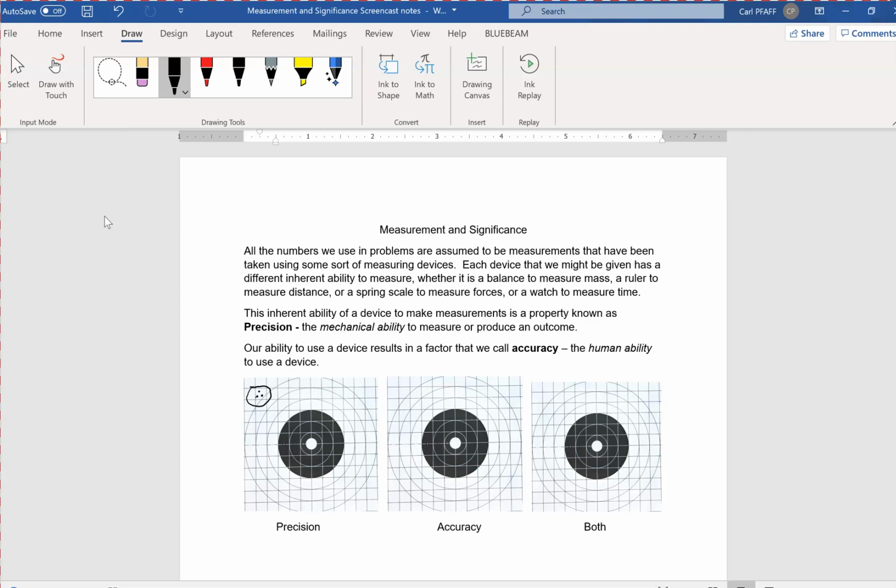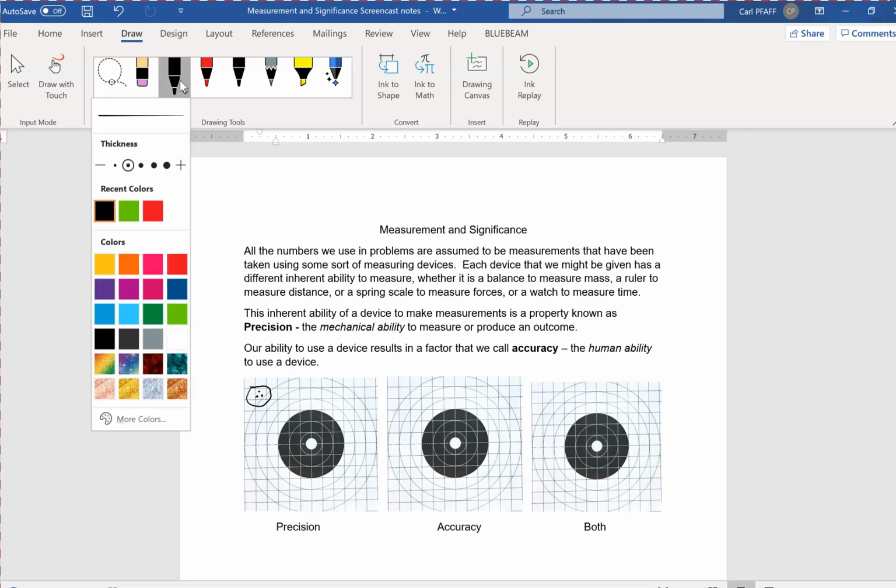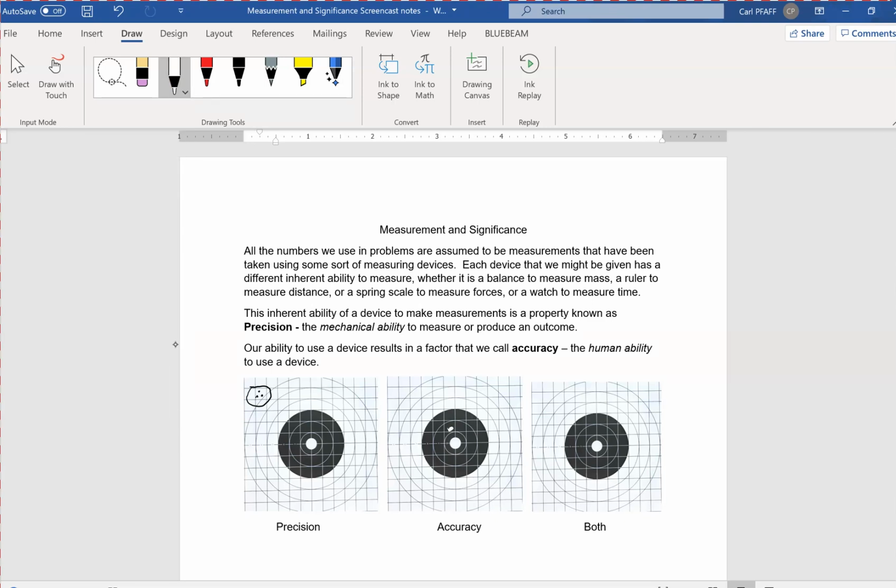Now, accuracy then would be somebody's ability to take the sights on that rifle or put a scope on that rifle and adjust it so that the 3 bullets might impact, for example, there and there and there.